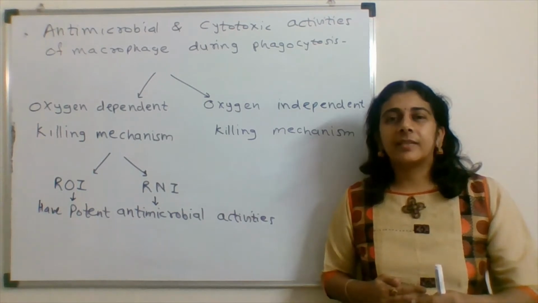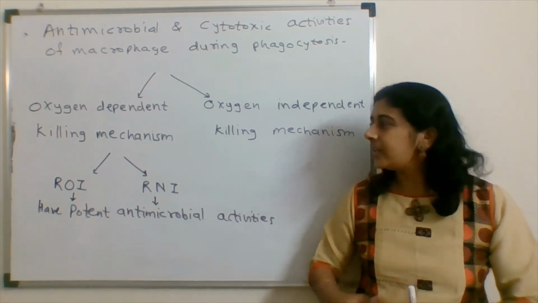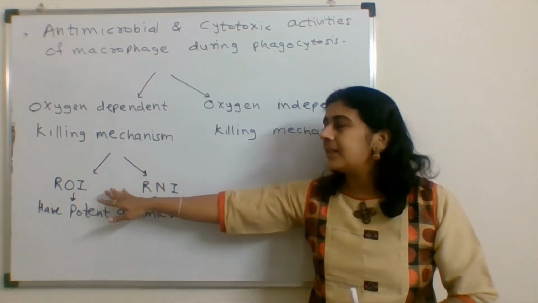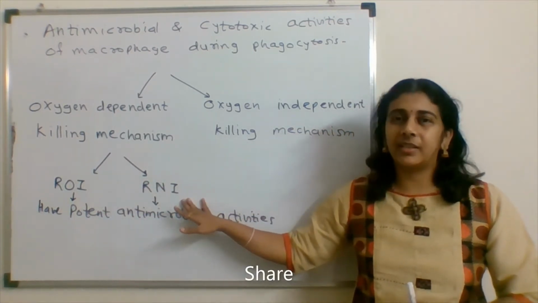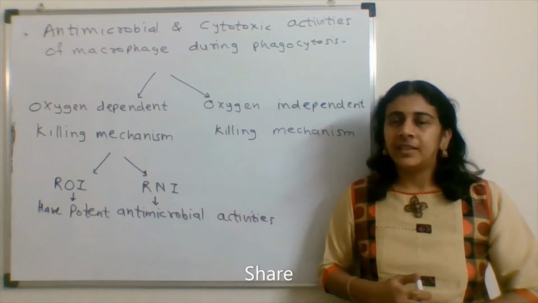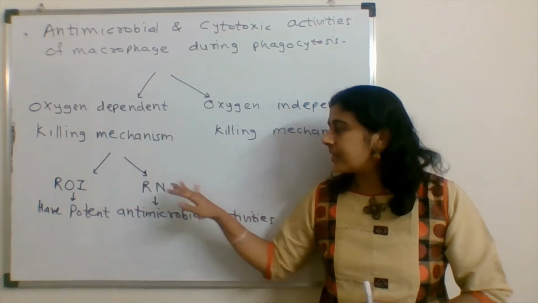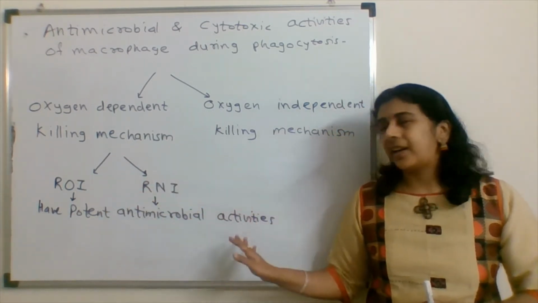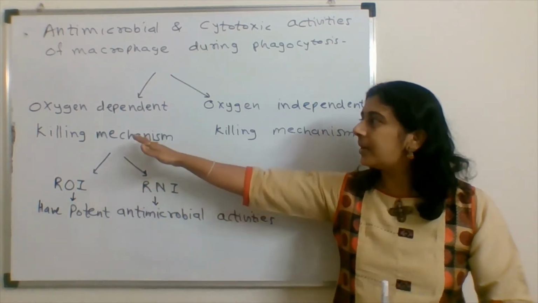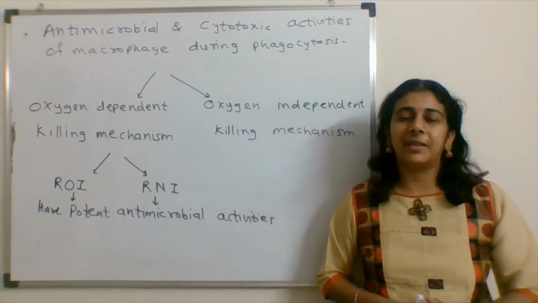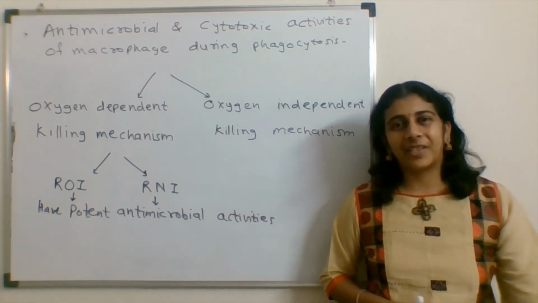Basically, macrophages synthesize reactive oxygen intermediates or reactive nitrogen intermediates. Both substances have potent antimicrobial activities. So let's understand more about the oxygen dependent killing mechanism of the macrophages.